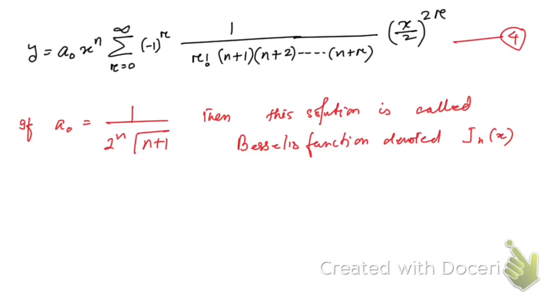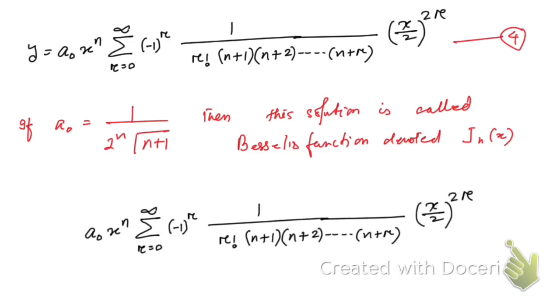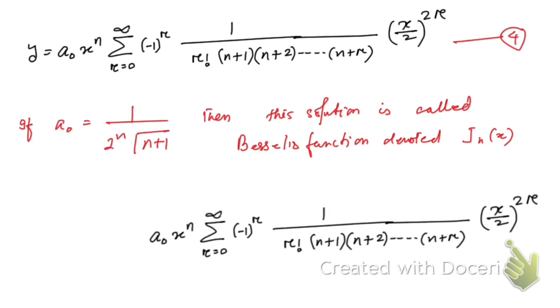So now let me copy this. Just replace this a naught by this value. Then if you put a naught equal to this here, this is known as Bessel's function, right?